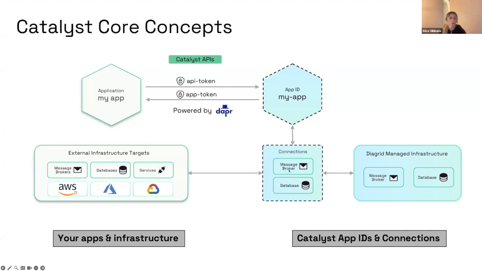But if you also want to use your existing cloud infrastructure, like Azure Service Bus or AWS SQS, because you've been using that forever and it's in your architecture, then you create a connection within Catalyst, and this allows you to call out to that infrastructure directly from your code, but still keep your code portable and agnostic entirely in that process. I'm going to show what this looks like, but I just wanted to call it out. Those are the two main concepts that we deal with in Catalyst.